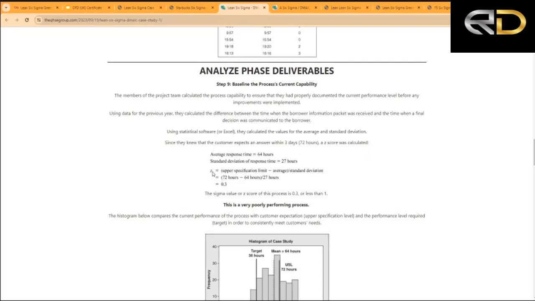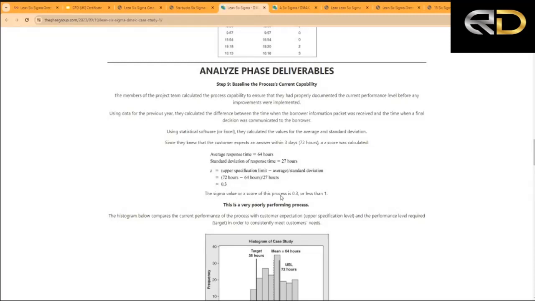This is the equation for the Z-score, the sigma level. You say upper specification limit minus the average, which was calculated using Excel, divided by the standard deviation, again calculated using Excel. And then here you get 0.3.